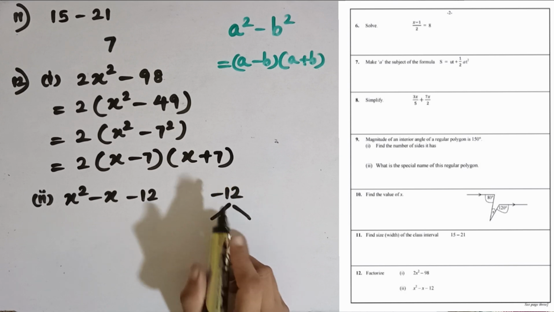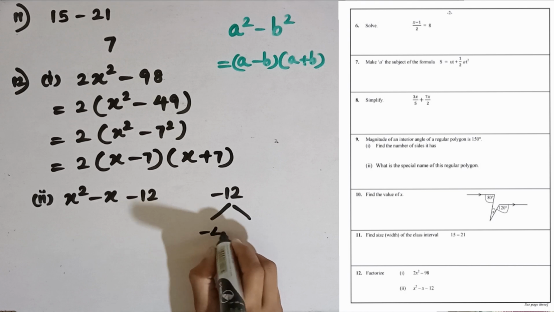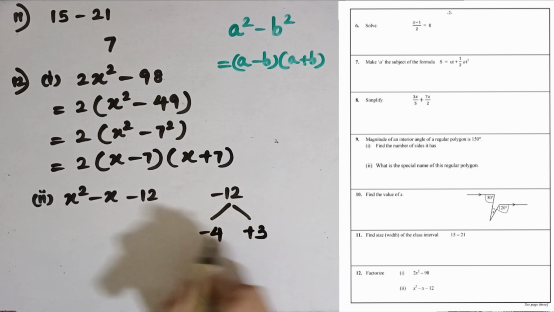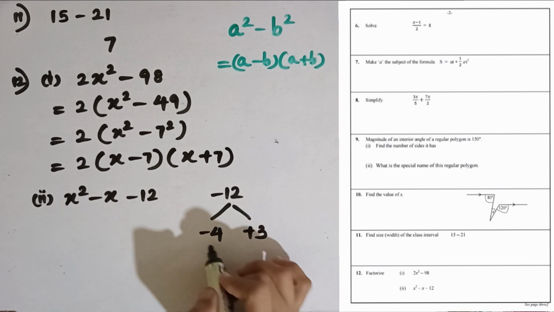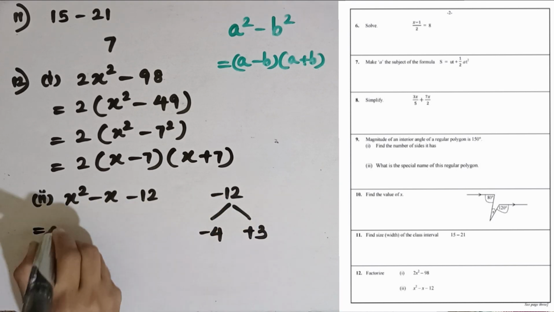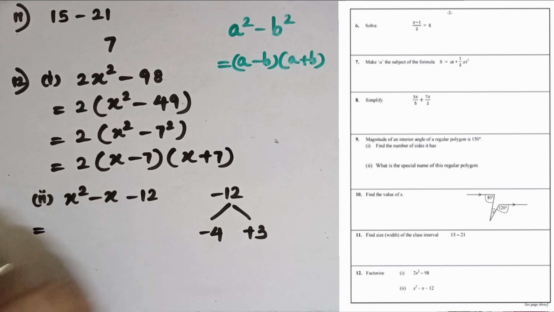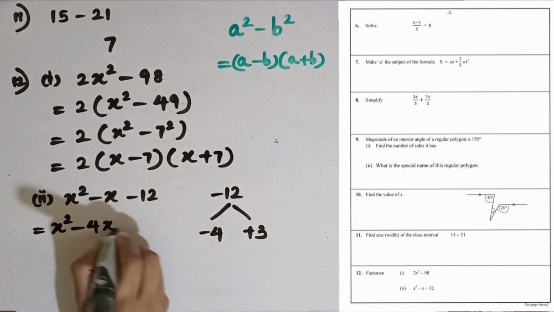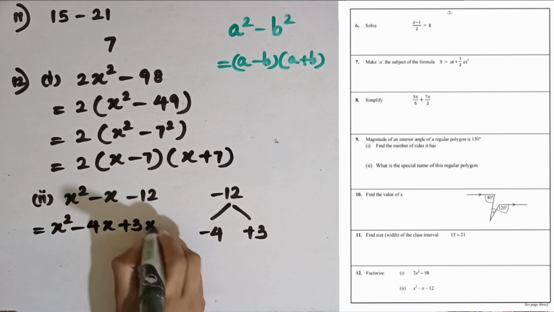So what are the two factors? One can be minus 4, the other one is plus 3. If you take the addition, you get minus 1. The multiplication here is minus 12. So we can use these two terms instead of this middle term: x squared minus 4x plus 3x minus 12.